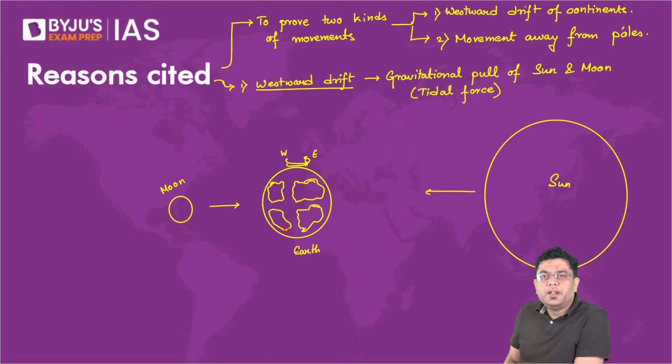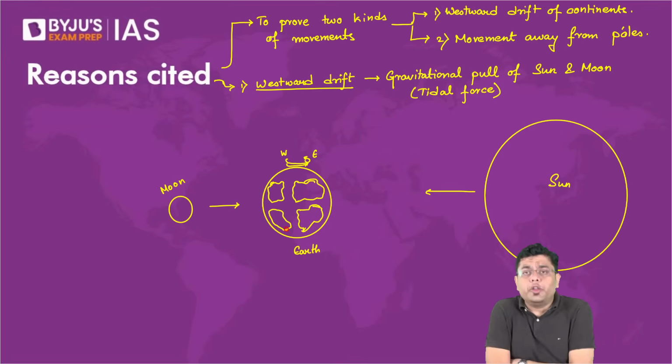Absolutely not. That reason is incorrect. Why? Does moon exert no gravitational pull? It does. Moon exerts a significant amount of gravitational pull on the planet Earth. It is because of the gravitational pull of the moon that we come across the various different tidal movements across seas and oceans.